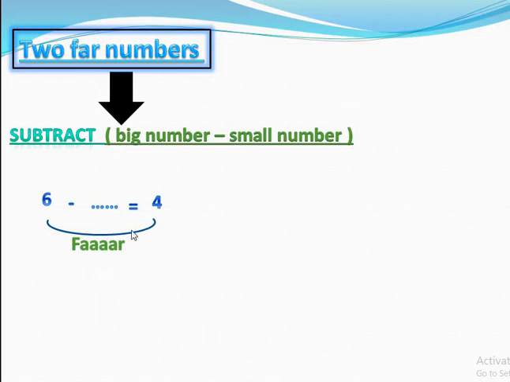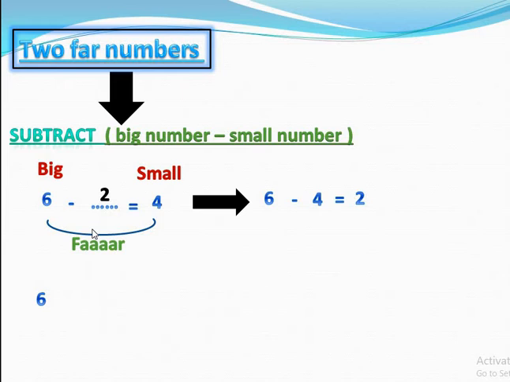So if we have a space between the two numbers, we call them far numbers. So we are going to subtract. Of course, in subtraction, we must subtract big minus small. So we are going to subtract 6, the big number, minus the small number 4. It will be 2. So the missing number here is 2.